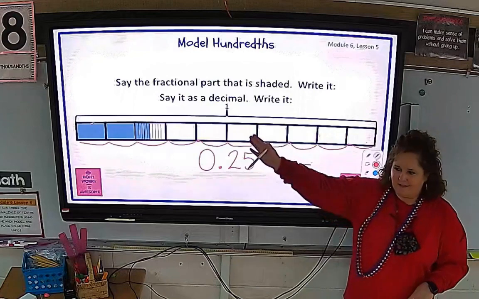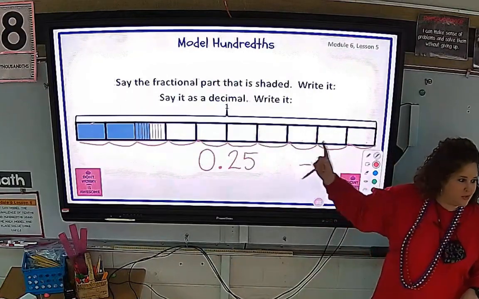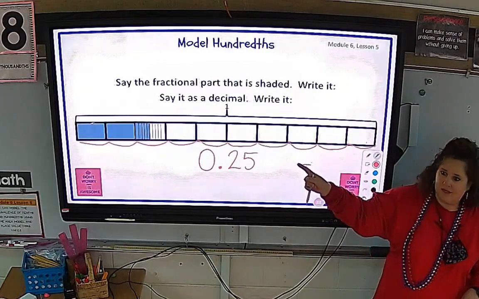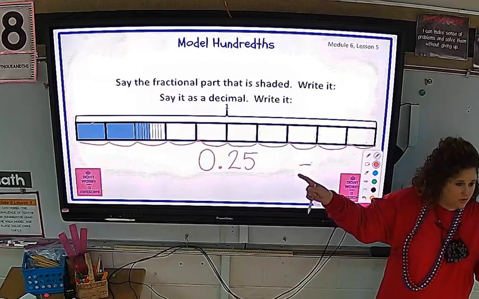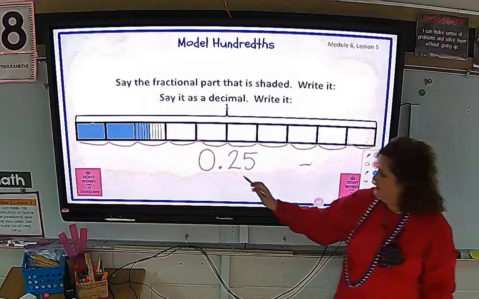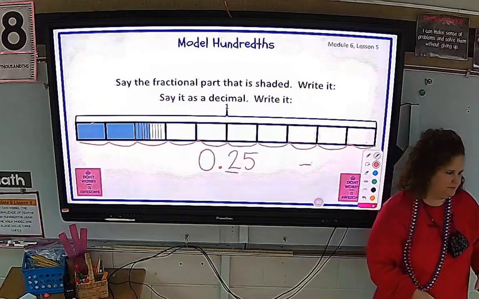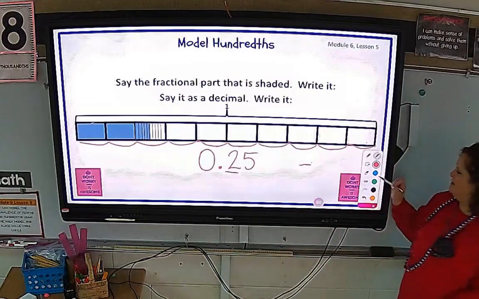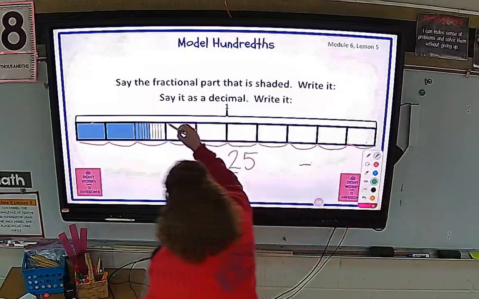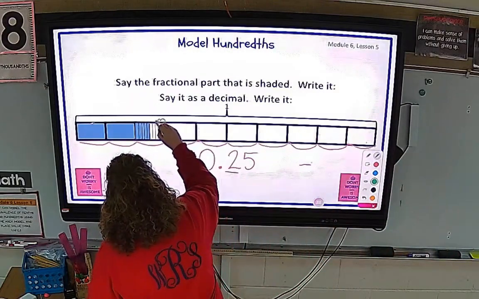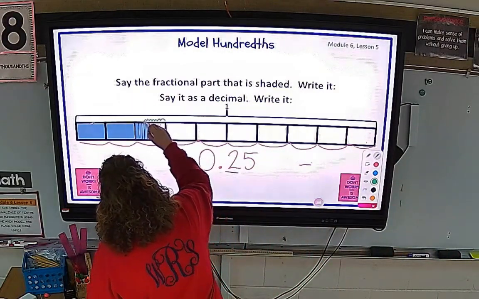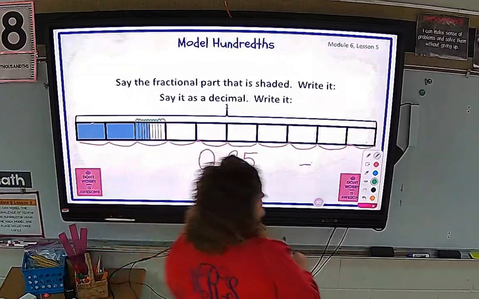These are all tenths. How many of those tenths are shaded in? 2. 2 are shaded in completely. Ta-da! That 2 is in the tenths place. What size piece are these little itty bitties? We just said it a minute ago.